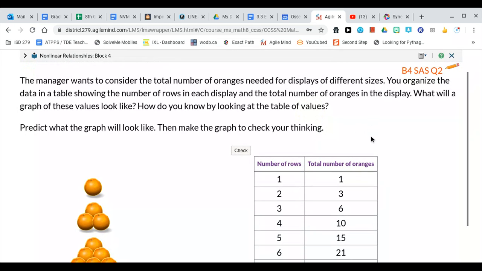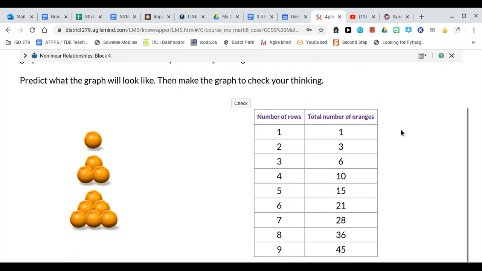The manager wants to consider the total number of oranges needed for displays of different sizes. You organize the data in a table showing the number of rows in each display and the total number of oranges in the display. What will a graph of these values look like? How do you know? By looking at the table of values. The first row is just 1 orange.